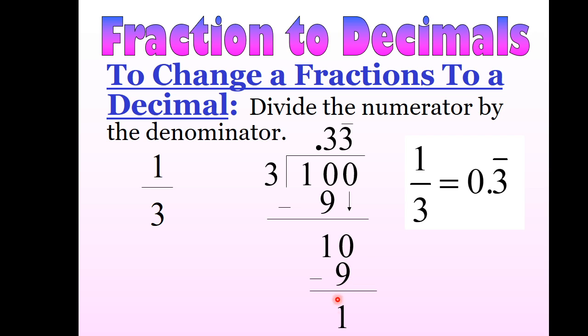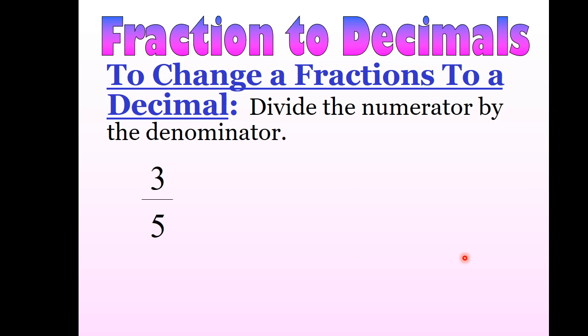And then you'll get 1 again, and then you add another 0, and you bring that down, and you get 10 again. So it will never end. This is the repeating decimal. So this can be written as 0.3 with a bar on top. This means that 3 is repeating. It's a never-ending problem that keeps repeating 3. So it's 0.333, etc.